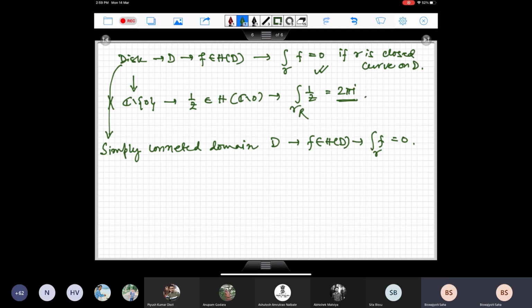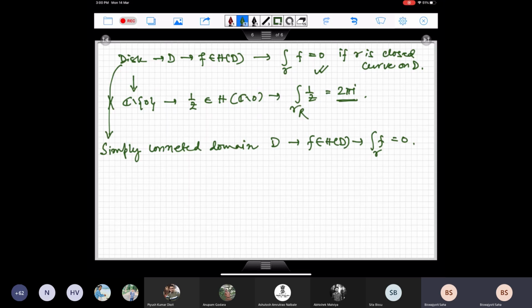Those of you who are doing the algebraic topology course this semester will probably know this. There is a homotopy version of Cauchy's theorem, which says that if you take two paths which are homotopic to each other, then the integrals over those two paths are the same.